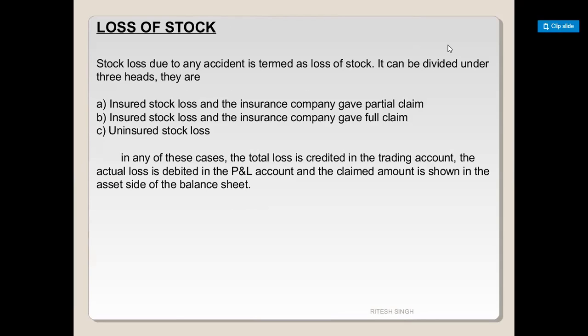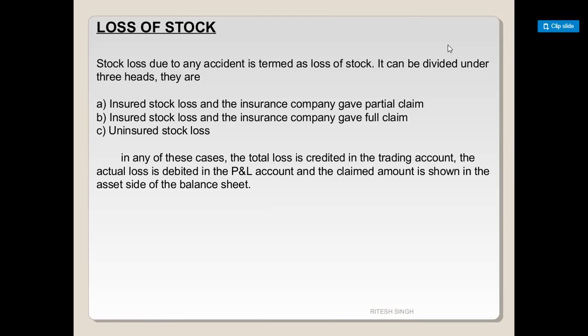Businessmen most of the times insure the stock, and there are three cases. Sometimes the insurance company gives the partial claim. Second, sometimes the insurance company gives a full claim. And third case is when the stock is not insured.